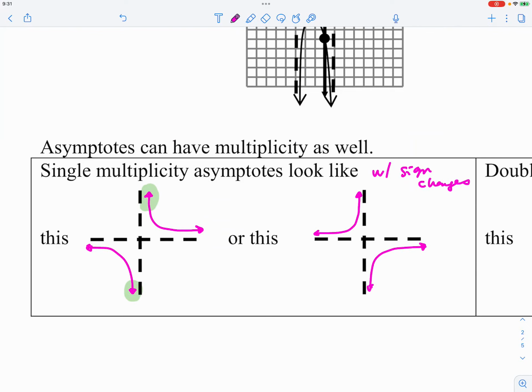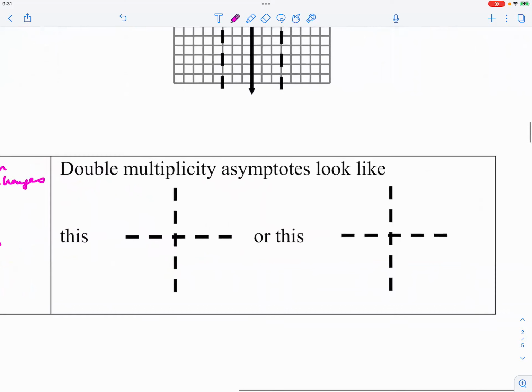So they go in opposite directions if it's not squared. But if it is squared, then we will see something like what we saw just now. It could either be both heading in the positive direction, or both heading in the negative direction.